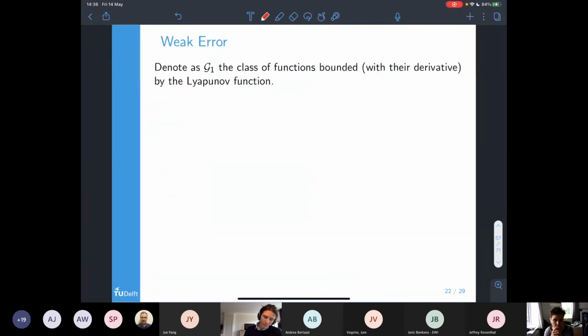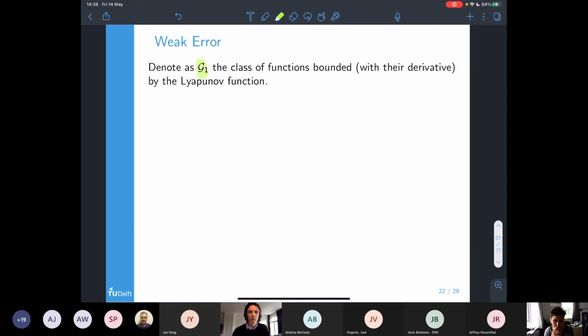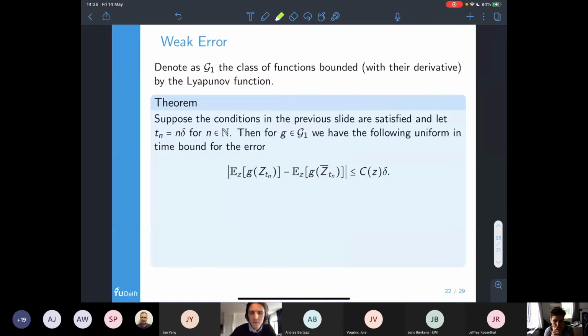Okay, but let's see what we can show in this case. We call G1 a very wide class of functions, let's say, because it's bounded by the Lyapunov function, which grows very fast, so it's not too bad. It's exponential, so it's a pretty wide class of functions. And then let's see here what we have. So we have that T_n is denoted again time n delta.